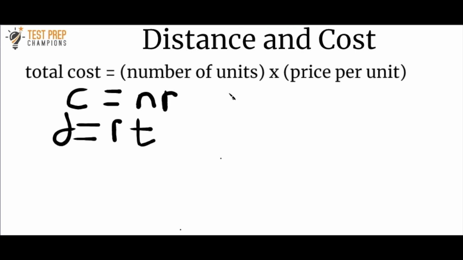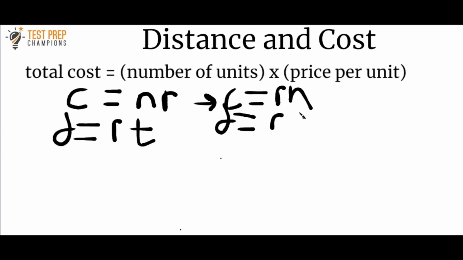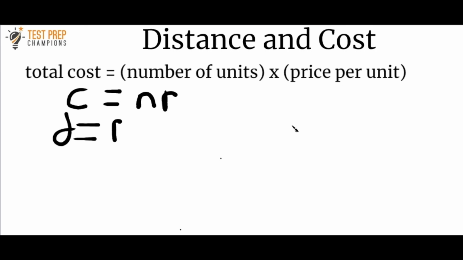That's kind of strange, because it would almost make more sense to have it be exactly like the distance formula, where it's C equals R times n, just like distance is D equals RT, so the rates are in the same place in the formula. But that's just a minor thing. That's just how it's written for whatever reason. So just know that they put the number of units first and then the rate second on the cost formula in most prep books, and that's how it's going to be written on your test as well, on your formula sheet, as C equals NR.